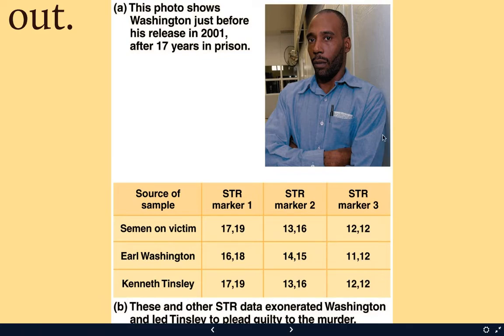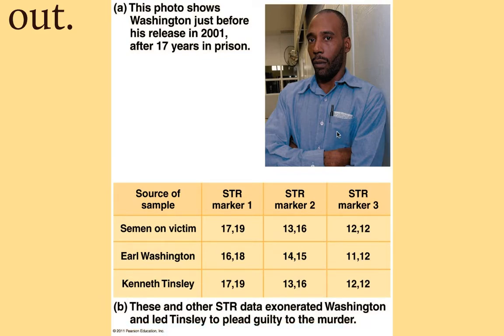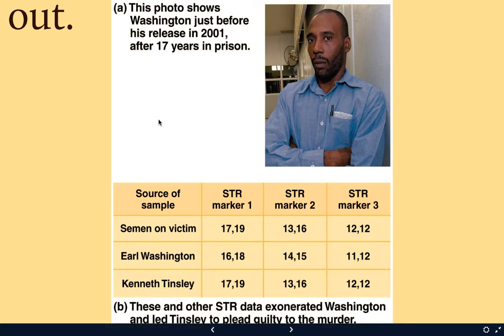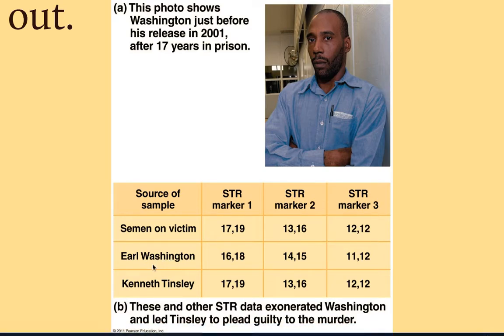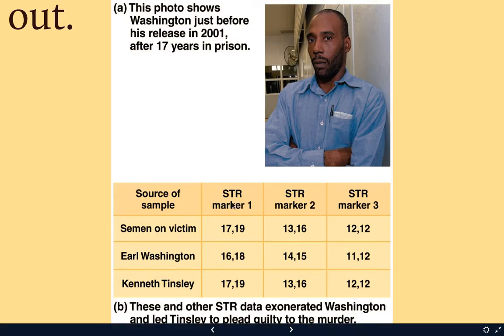This photo shows Mr. Washington just before his release in 2001 after 17 years of wrongful imprisonment. There was a rape committed. Here's the semen on the victim. And here's Earl Washington's DNA and STR data, and Kenneth Tinsley's. If we look at the markers, here's the semen on the victim, 1719, 1316, 1212.